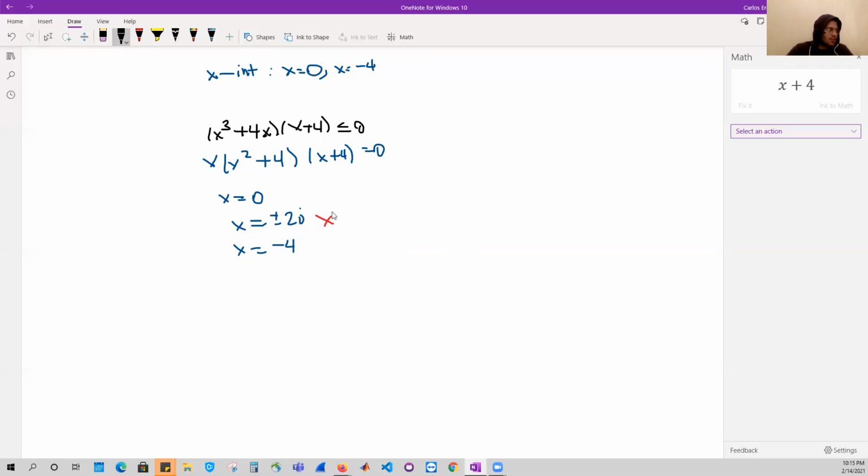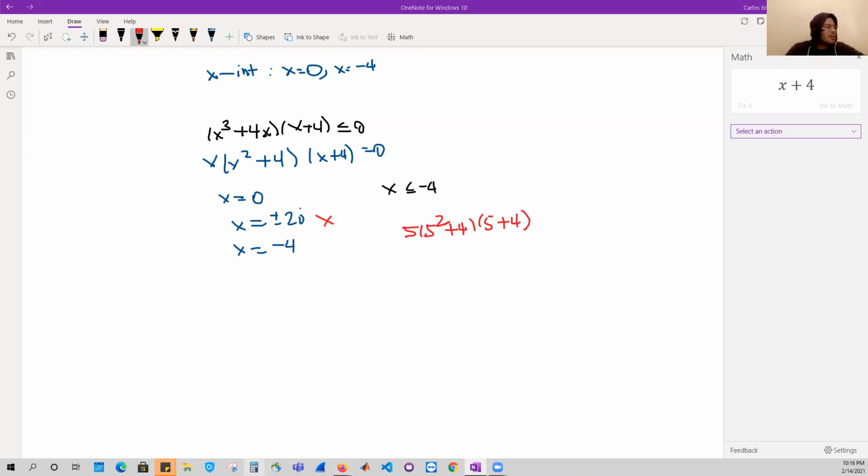So if we try a number that is less than minus 4, say x equals minus 5, and plug it into our original inequality, I'm going to have minus 5 times minus 5 squared plus 4, times minus 5 plus 4. How much is that?